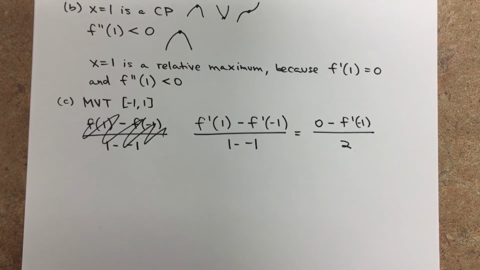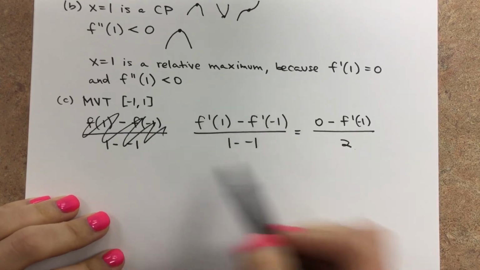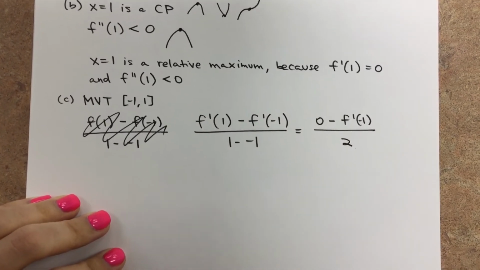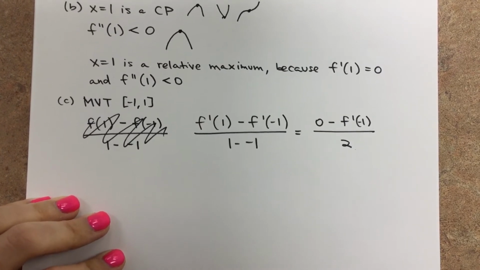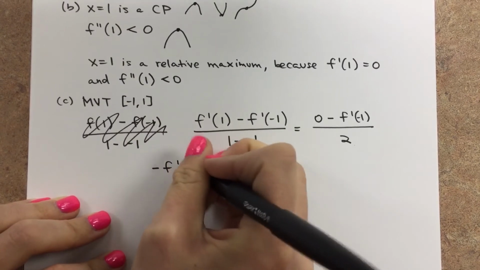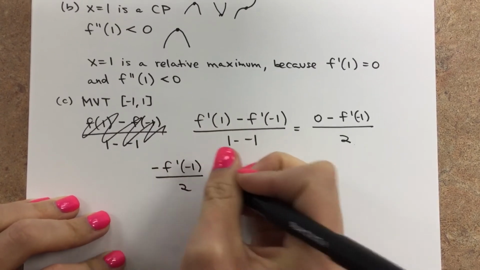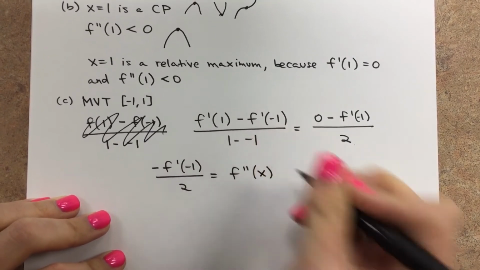The idea behind the mean value theorem is if we figure this out, then at some point that should be equal to the slope. That should be equal to the second derivative. So this guy right here has to be equal to the second derivative at some point.